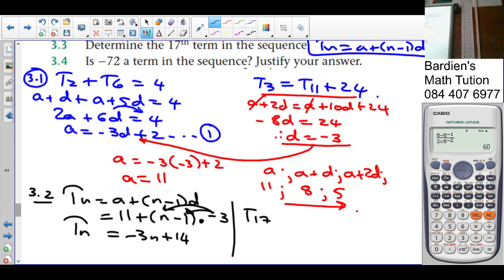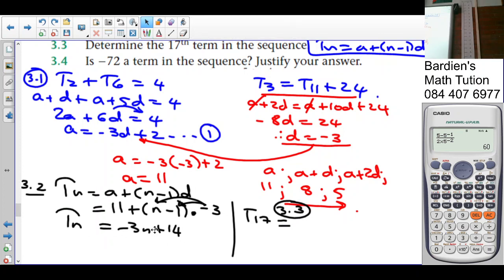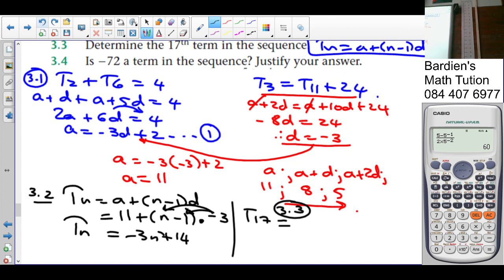So T17. Wherever I see an n, I'm going to put a 17. As we know, n is the position number. So it's negative 3 times 17 plus 14, which gives us negative 37.